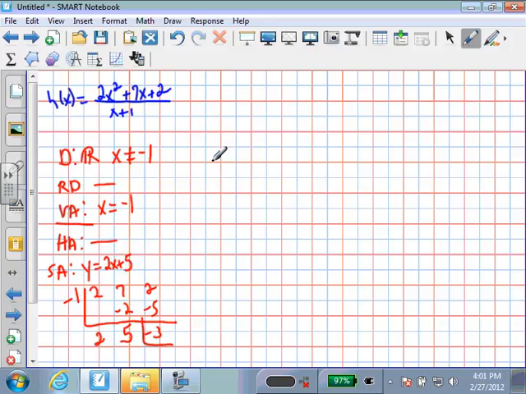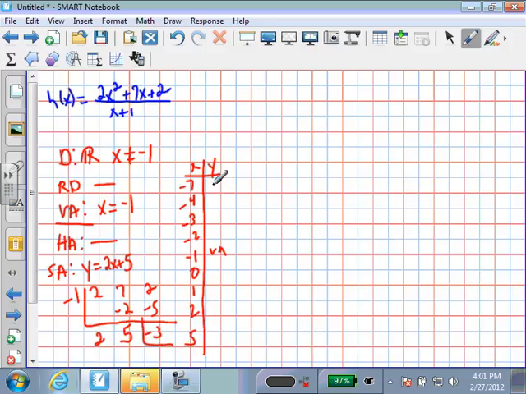I made a table of values in my calculator, and I'm just going to share with you the values I got. I centered my table around -1, and the values I chose were -2, -3, -4, and then -7 just for fun. And then 0, 1, 2, and 5 just for fun.